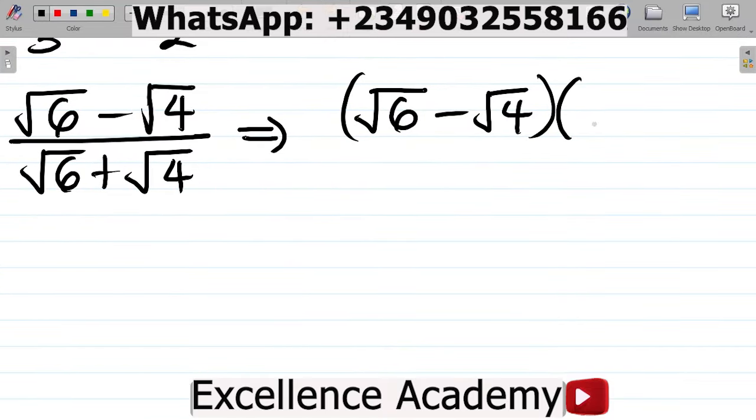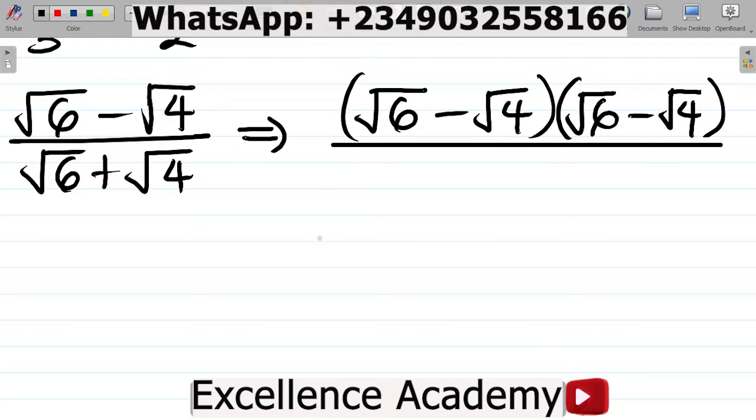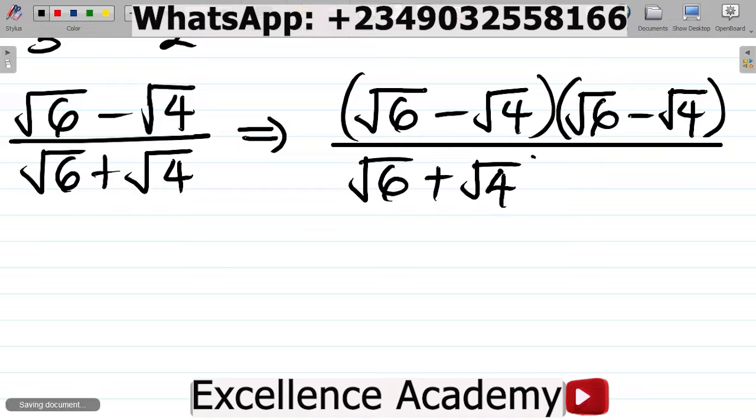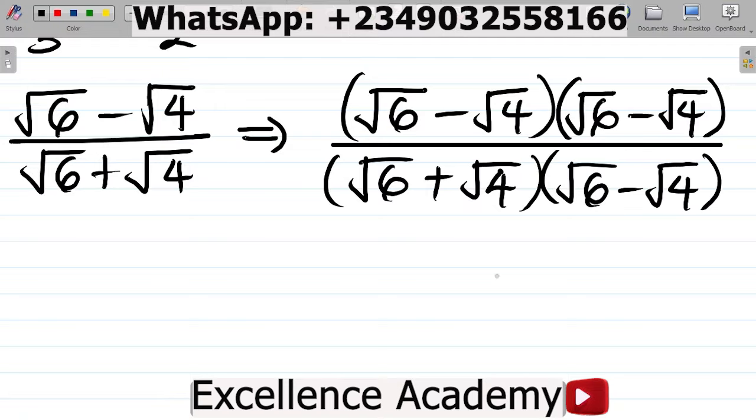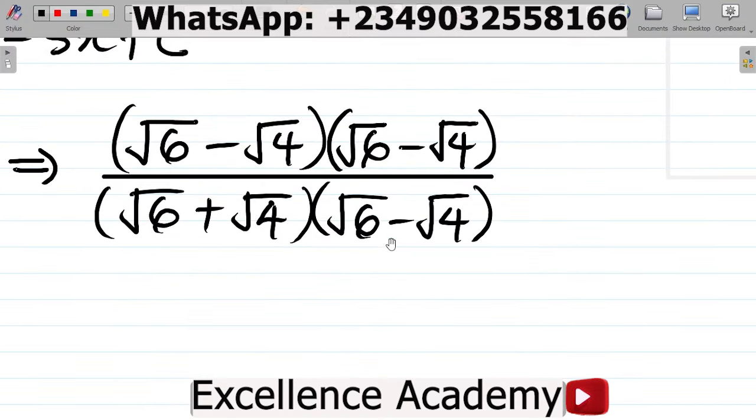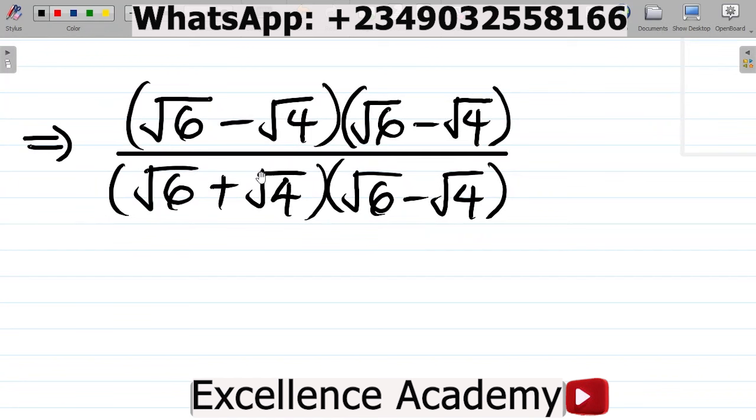That becomes root 6, you change the plus here to the opposite sign, minus root 4, all over: here I have root 6 plus root 4, multiplying its conjugate, root 6 minus root 4. So you want to note that to solve this, just multiply the numerator and denominator by the conjugate of the denominator.